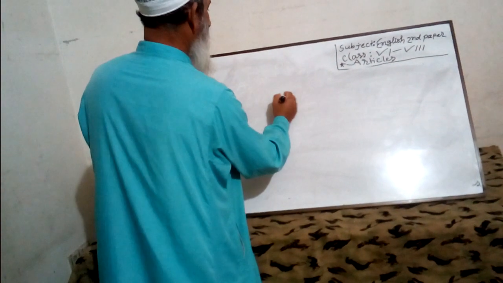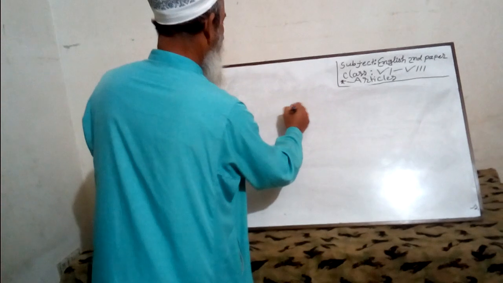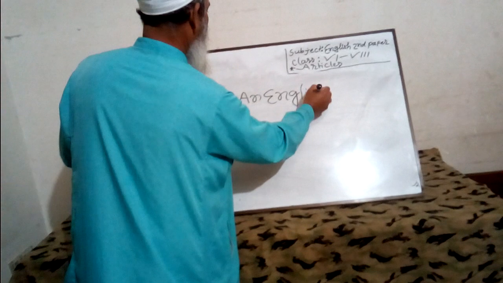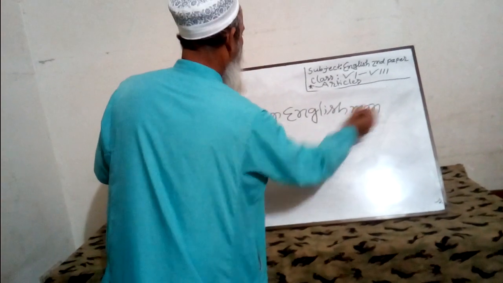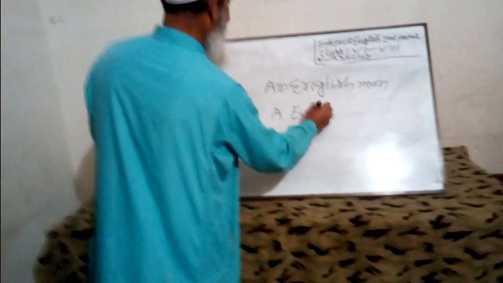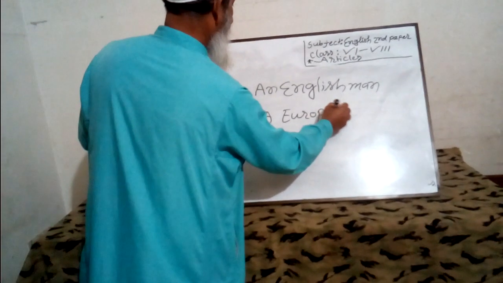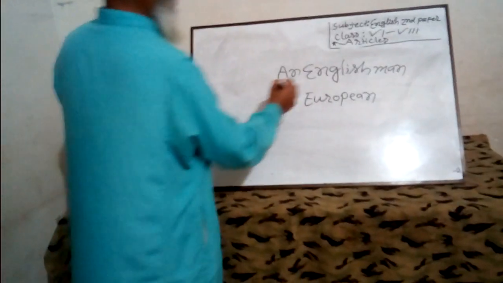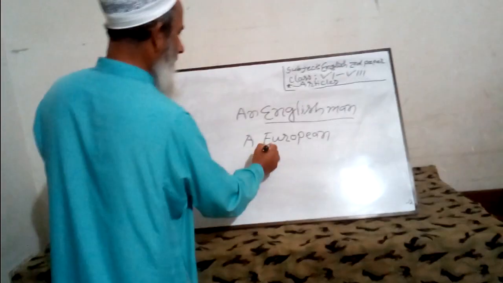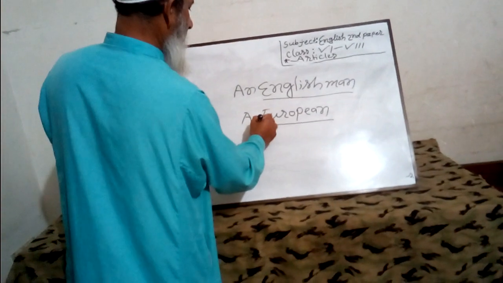We can also use this difference with the other vowels. Suppose an Englishman, a European. There the first letter of this word, Englishman, is E. This is vowel. European, here the first letter is E. This is also vowel.